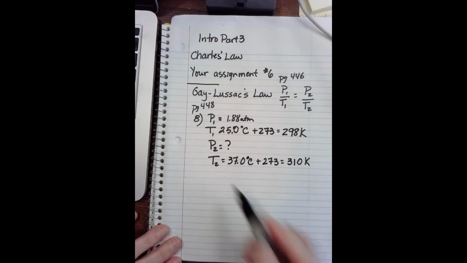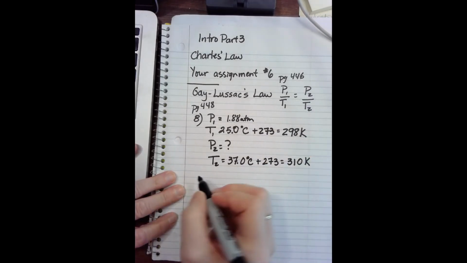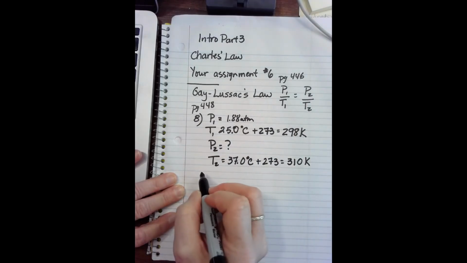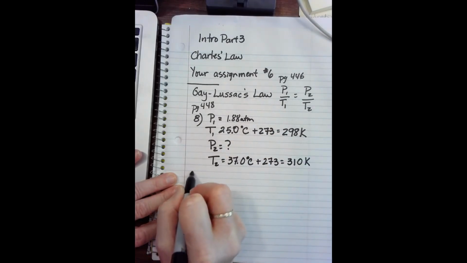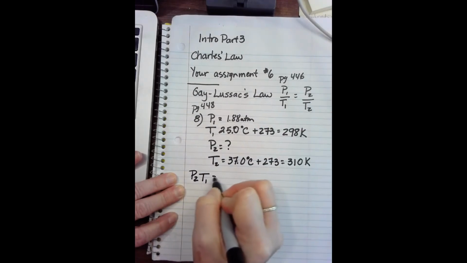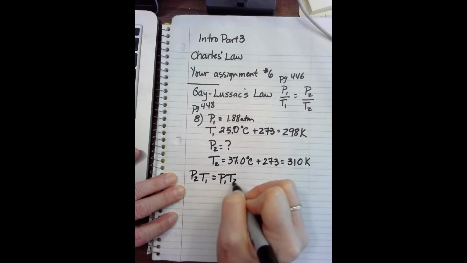All right, so since we're solving for P2, let's look. Your textbook would ask you to rewrite this formula. So the steps to rewriting it would be to cross multiply. So T1 times P2 equals P1 times T2, right?